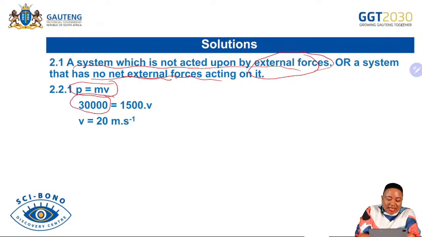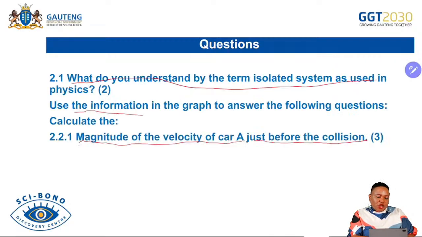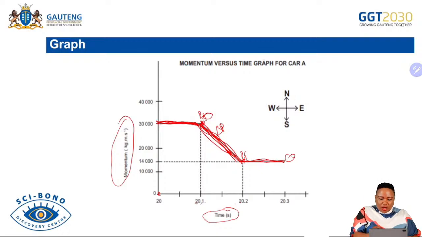This was the momentum of the object, and this was the mass, provided to us. We want the velocity of the object before collision, and we could find it because of what was provided, as the question showed us what is expected of us.